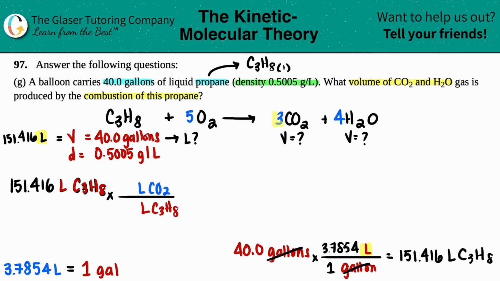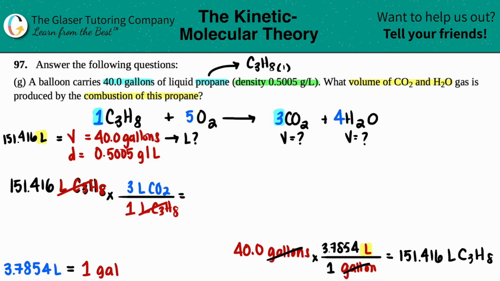In front of the CO2, I have 3 of them, right? So I technically would have 3 liters for every, there was no number in front of here, that just means that there was 1, right? So for every 3 liters of CO2, I just had 1 liter of the propane. So basically all we have to do is just times by 3. This would cancel, and you're left with your first answer. So that number times 3.